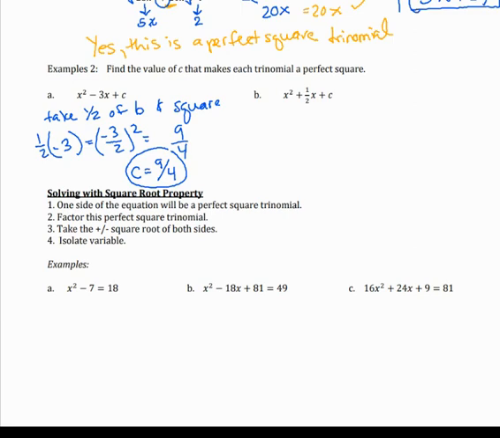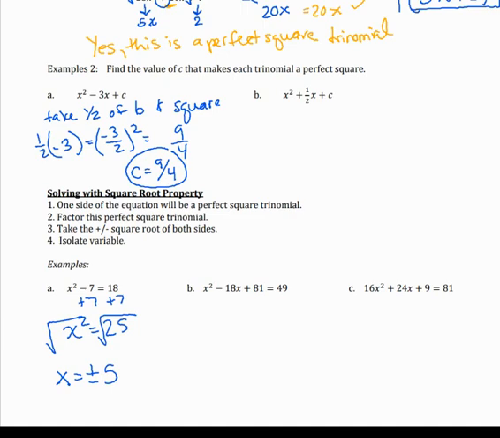With the square root property, we have half of the work done for us, and that is that we have a perfect square on one side of the equal sign. So in our first example, very straightforward. I can just add 7 to isolate the variable. And now I take the square root, and remember, when we take square roots, we need the plus or minus. So very straightforward with A, using the square root property.